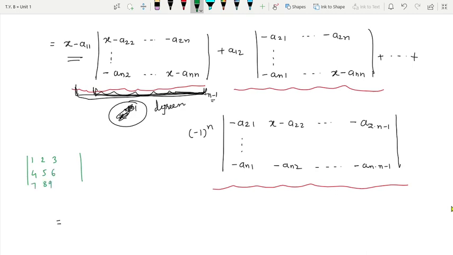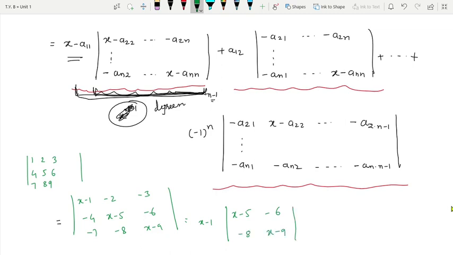So in this case, the determinant of xI minus A will be x minus 1, minus 2, minus 3, minus 4, x minus 5, minus 6, minus 7, minus 8, and x minus 9. So if you try to solve this determinant, it will be x minus 1 times the determinant of x minus 5, minus 6, minus 8 and x minus 9. So what is the degree of this term?